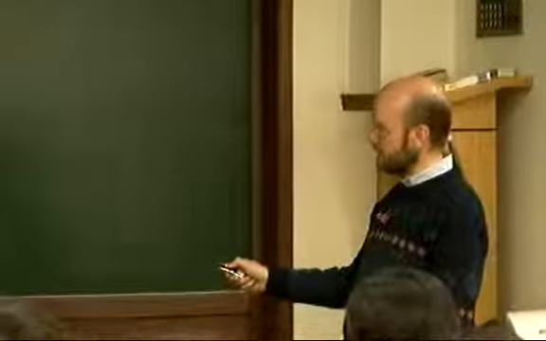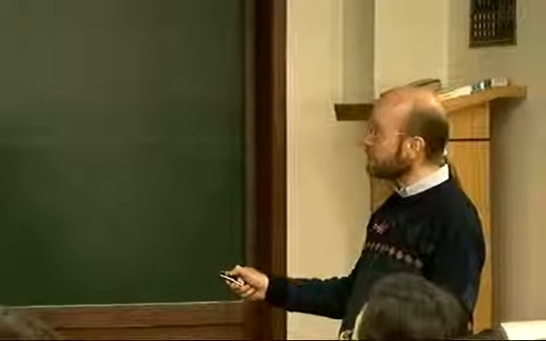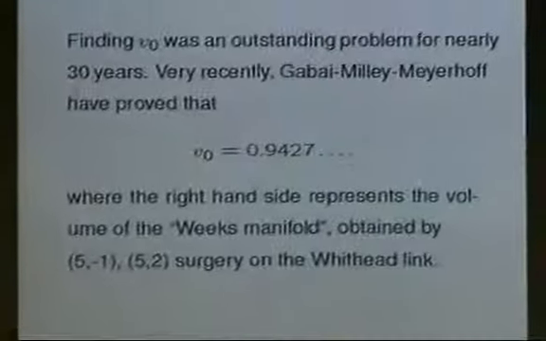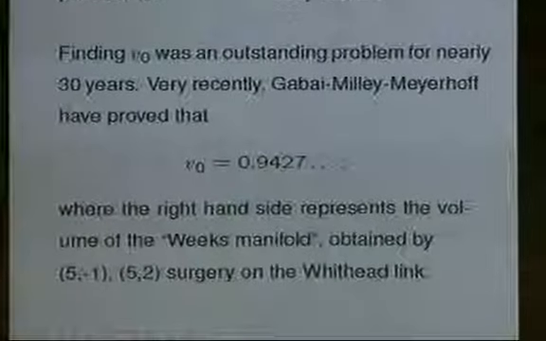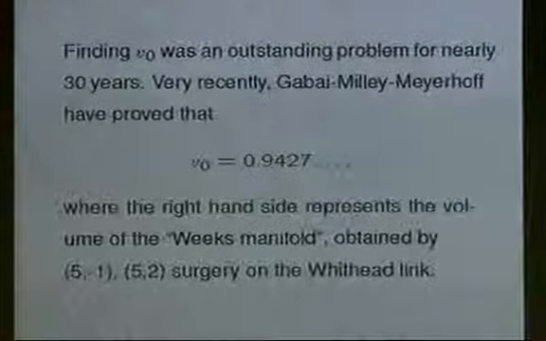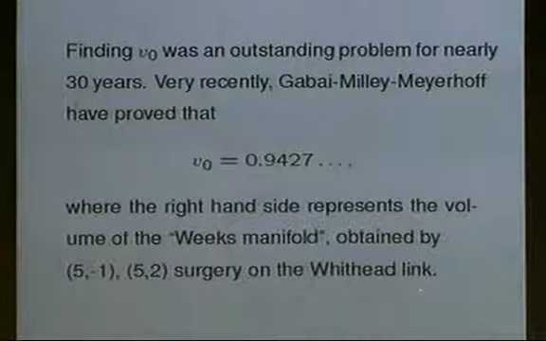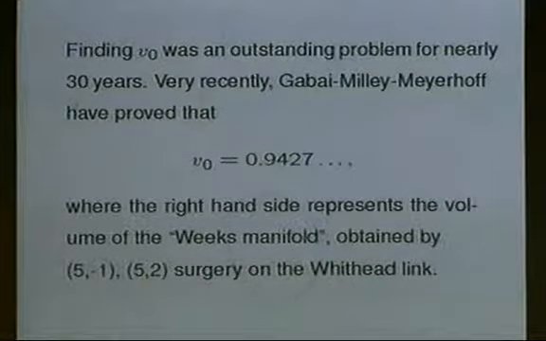And the lowest volume that was found was about 0.9427, which is the volume of the so-called Weeks manifold, which comes from Dehn filling on the Whitehead link. So you do some kind of (5,1), (5,2) surgery on the Whitehead link. That gives you a closed manifold with this volume.